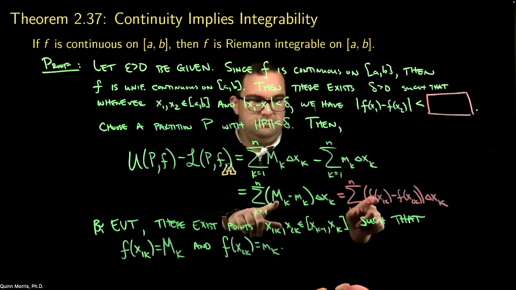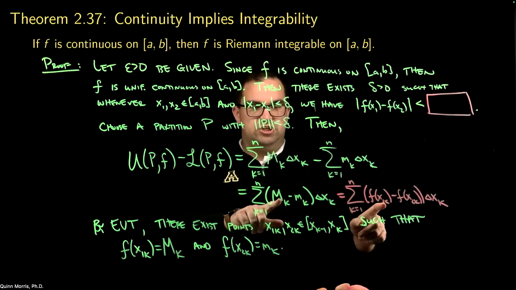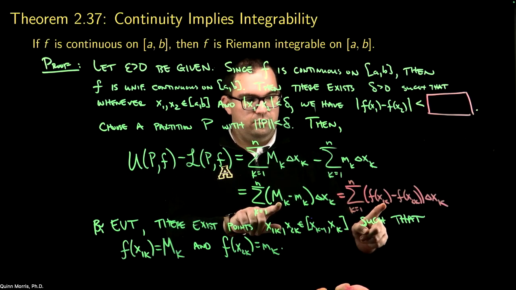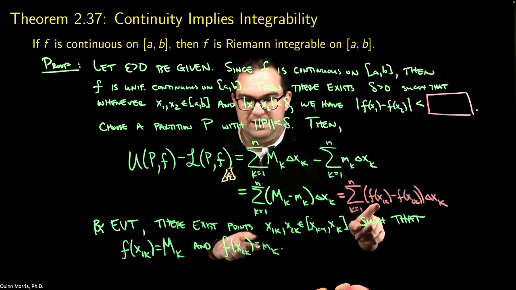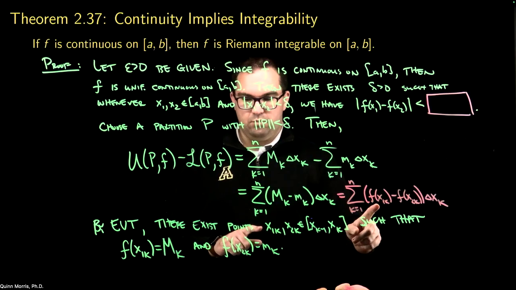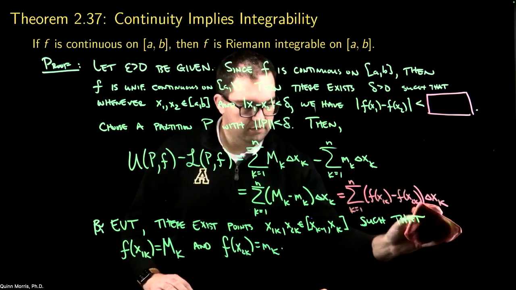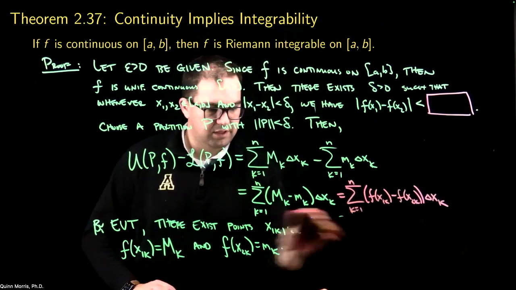I'm just replacing capital M sub k, since x sub 1k is where we achieve the supremum of f over the kth subinterval, with f of x sub 1k. Now, let me erase this so we can continue with this line of thought.